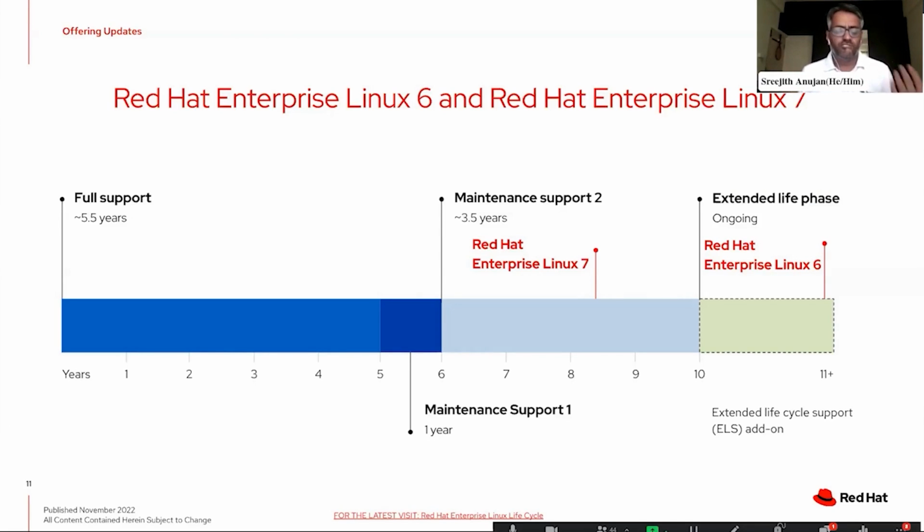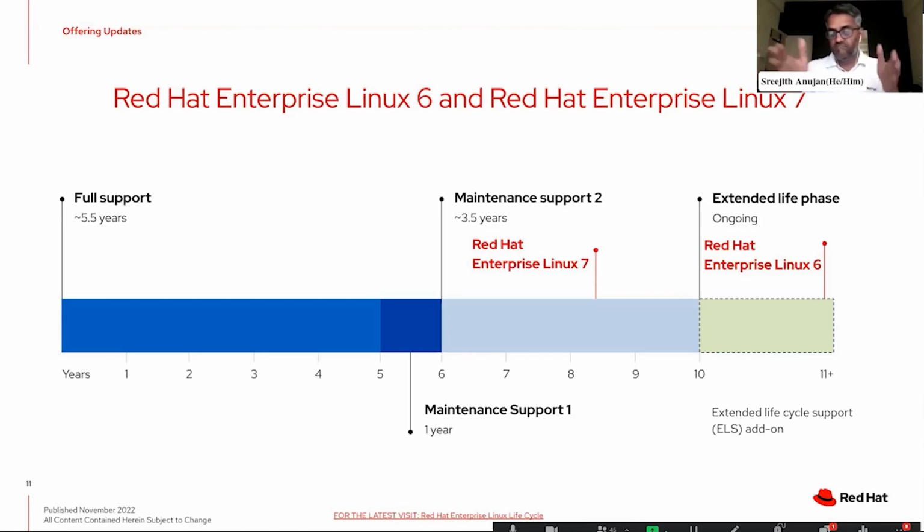Now, quickly coming to some of the offerings, many of you might have heard about the earlier versions of Red Hat Enterprise Linux, like Red Hat Enterprise Linux 6 and 7. Most of you should know that we support our RHEL version for 10 years, and this support is extended for some more years based on the extended life phase, whether you have extended lifecycle support or not.